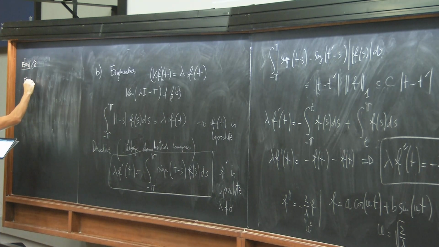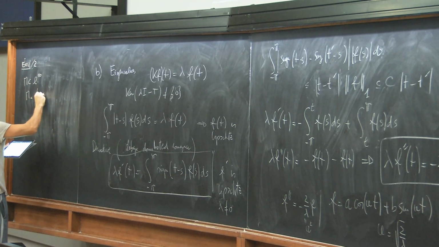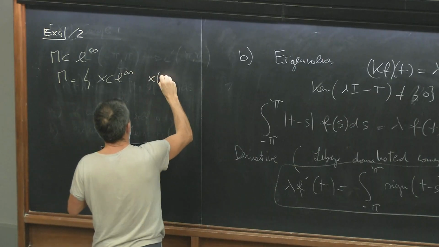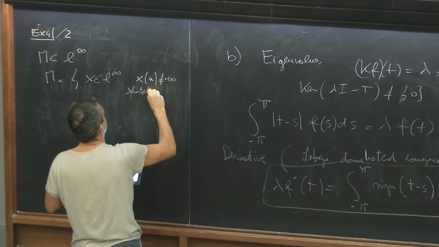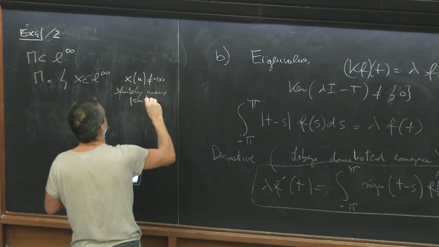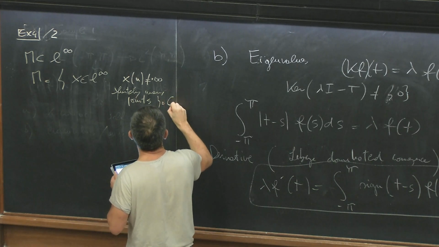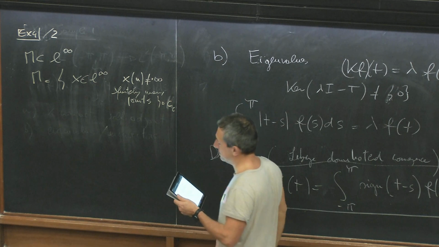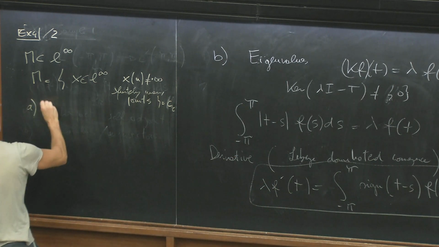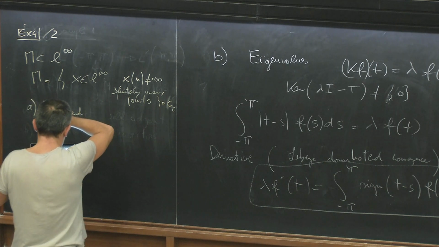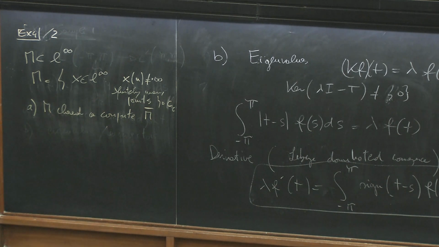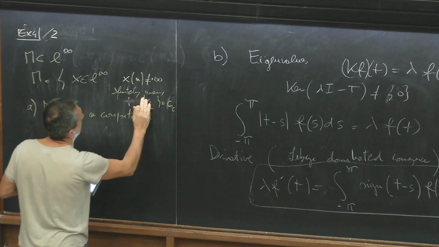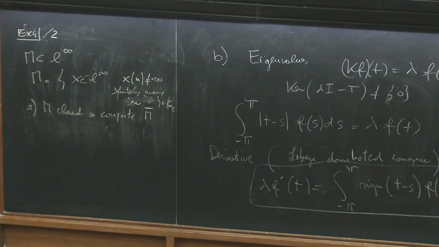We have a subspace of L infinity, given by the points in L infinity such that x_n is different from 0 only for finitely many n. This is called the space c compact, small c compact.